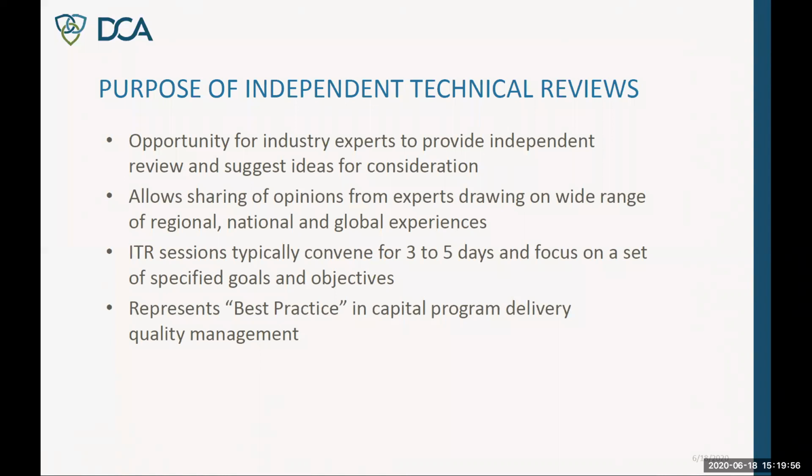This allows the sharing of opinions from these experts, drawing on their wide range of regional, national, global geographic experiences, but also their particular frame of reference from their experience, be it O&M or design or biology or those kinds of things. These ITR sessions typically are in the 3 to 5 day range, and they focus on a specific set of goals and objectives. The intakes ITR was a 3-day review.